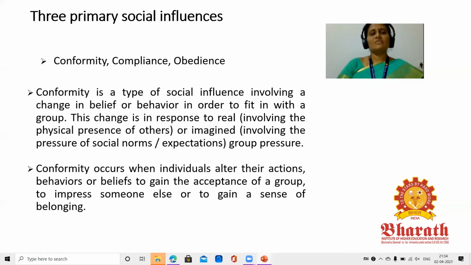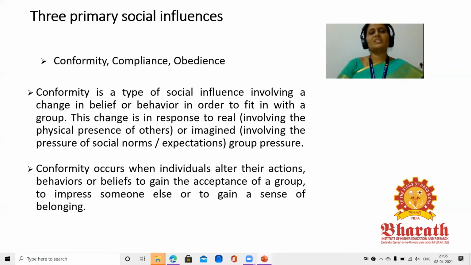You change your behavior slightly to fit into that particular group. That is called conformity. And compliance is, suppose your friend or well-wisher insists, or asks you for a favor, then you try to behave in a certain way. That is called compliance.